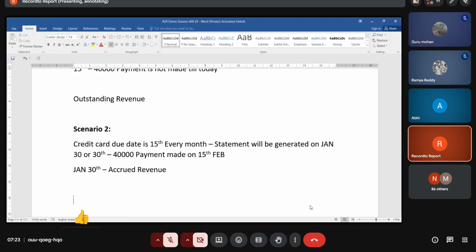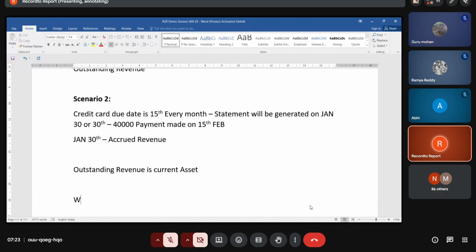Outstanding revenue is a current asset. So what is the journal entry for outstanding revenue?